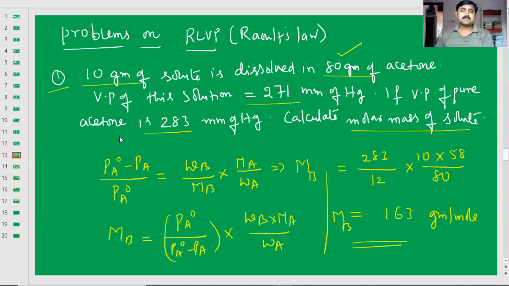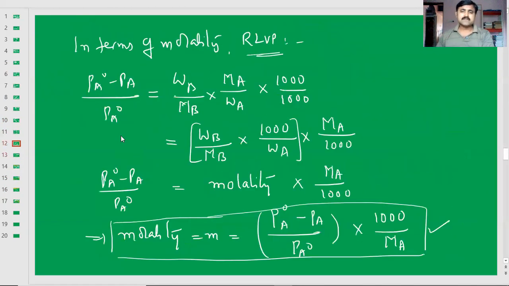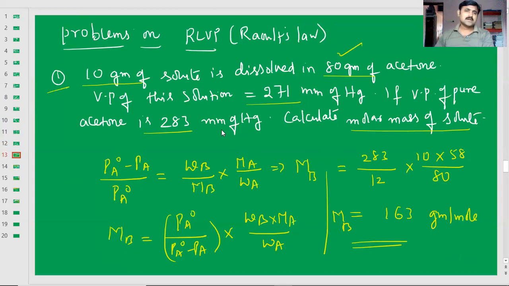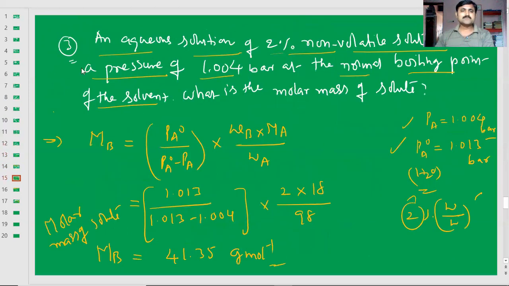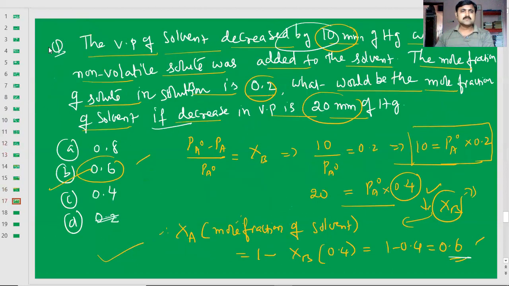To find the molality, RLVP is also useful; we derived a formula for this one also. After that, we have taken some important problems for the calculation of relative lowering of vapor pressure. There are 3 different problems, then a 5th problem, and an objective problem also we have discussed.